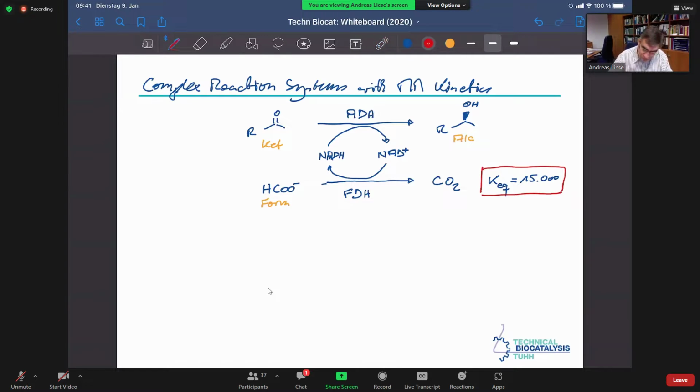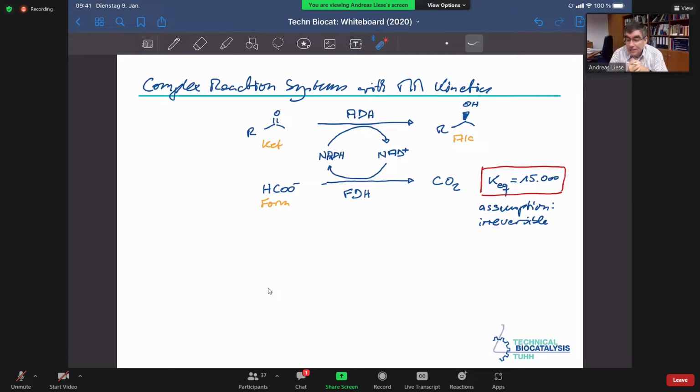So therefore, we can make the assumption irreversible also being true for our target reaction.